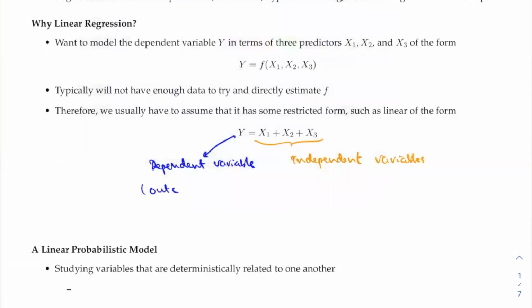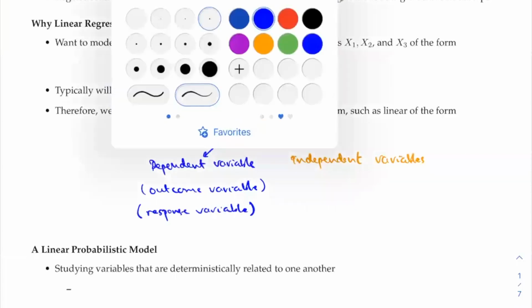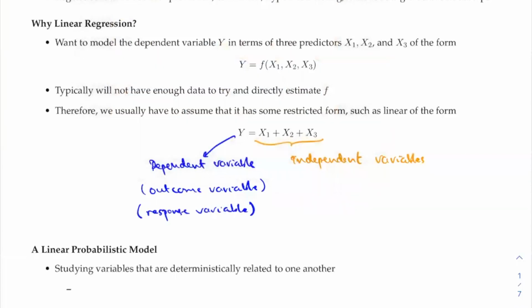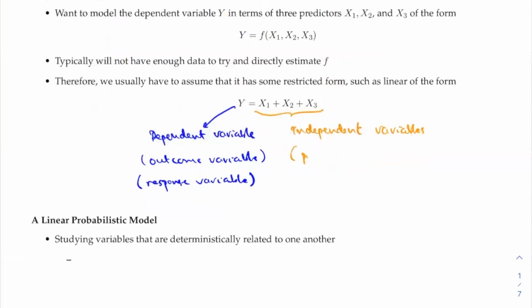There are also other names for independent variables. They are called predictor variables or explanatory variables.